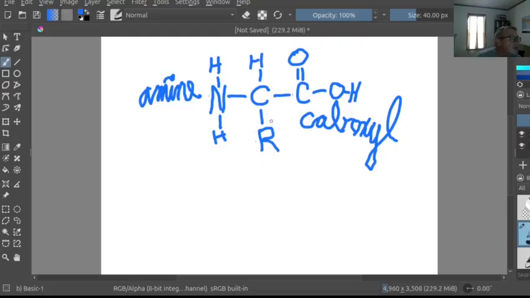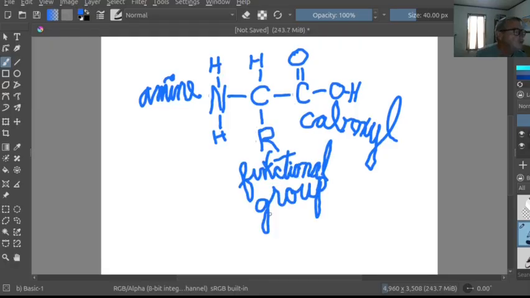That R stands for a functional group. Now, each one of the 20 amino acids has a different replacement for this R, which is a functional group. Not a single atom, but there's different groups of atoms that fit on there. So, amine, carboxyl, functional group, that is the amino acids.